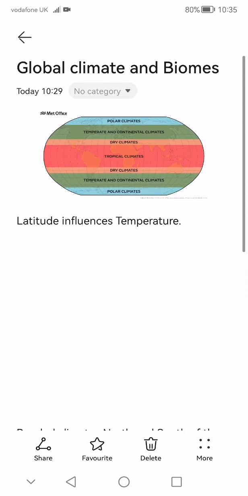So it's a dry climate on this map. That's because it's high pressure, happy weather, dry, not very cloudy, no rain. That's going to give you desert conditions. But what also gives you desert conditions is how hot it is there. And that's because of its latitude, which isn't very far from the equator. It has a low latitude.